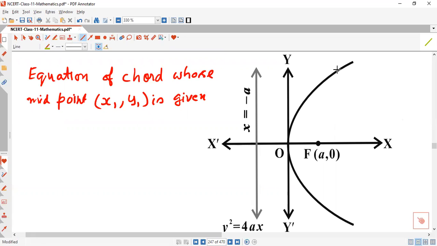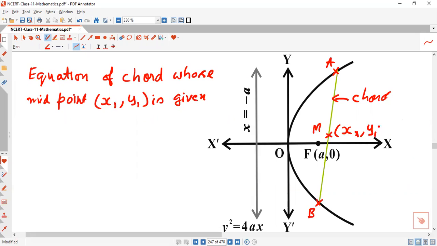You have a chord, this is a chord. This is the endpoint A, and this is the endpoint B, and this is the midpoint M. The coordinates of this midpoint M are given to you, x1 comma y1.